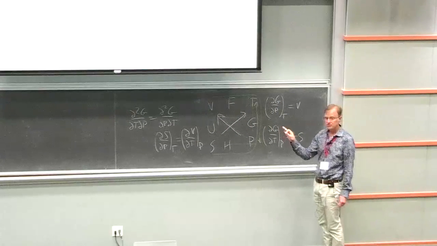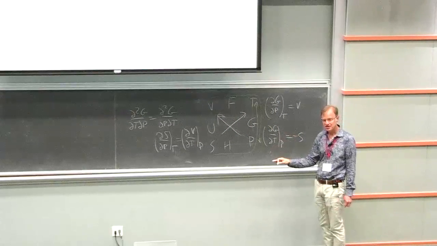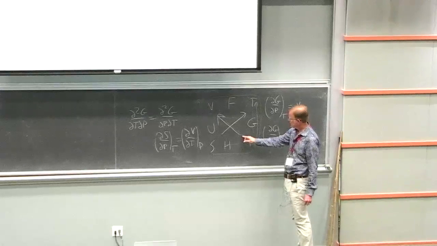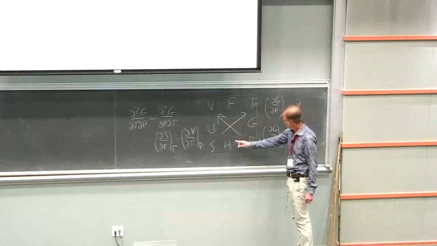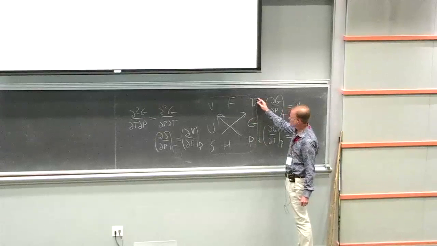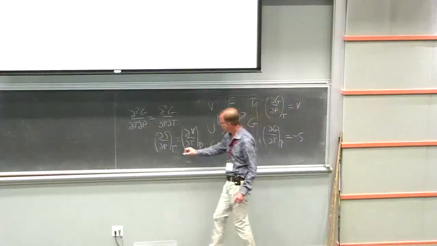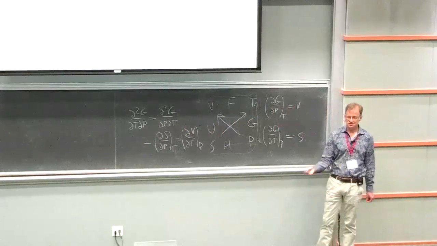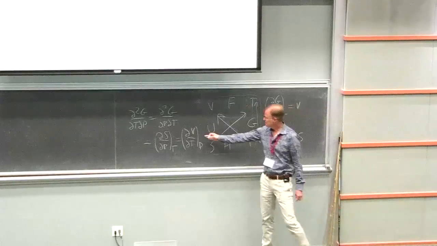The way you tell whether there's a minus sign or not is you look at the two corners. Do the two corners have the same end of the arrow? Well, the first corner has an arrow tail, and the second corner has an arrow head. So that's a minus sign. Okay, and so this is really cool. This is the thermal expansivity here.